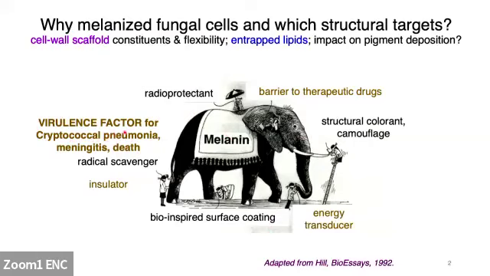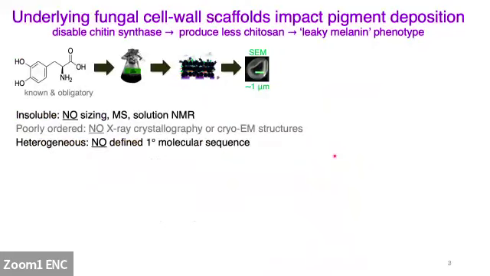But if I think about melanin as this protective agent, it has to deposit onto the cell, and it has to adhere. So basically it takes two to tango, or maybe three to tango, and that's the premise of the talk today.